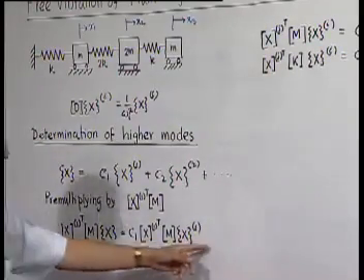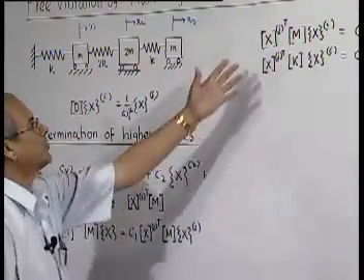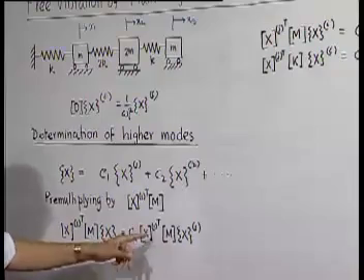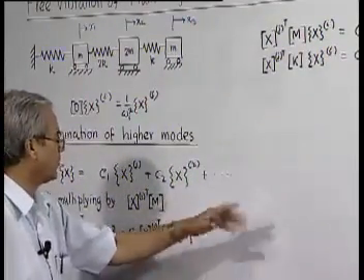All other terms will be 0 because of the orthogonality condition. This is the only term that survives, when this is 1 and this is 1. Later this will be 1, the other will be 2, be 0, and so on.